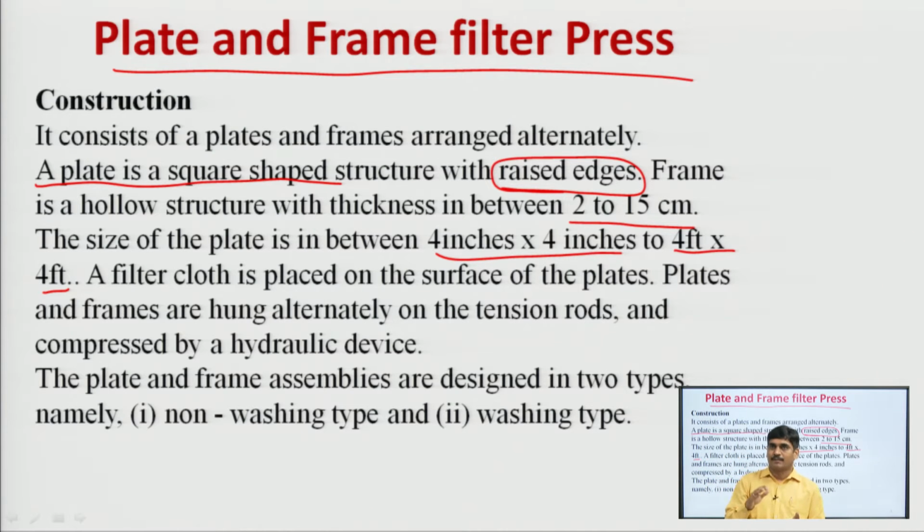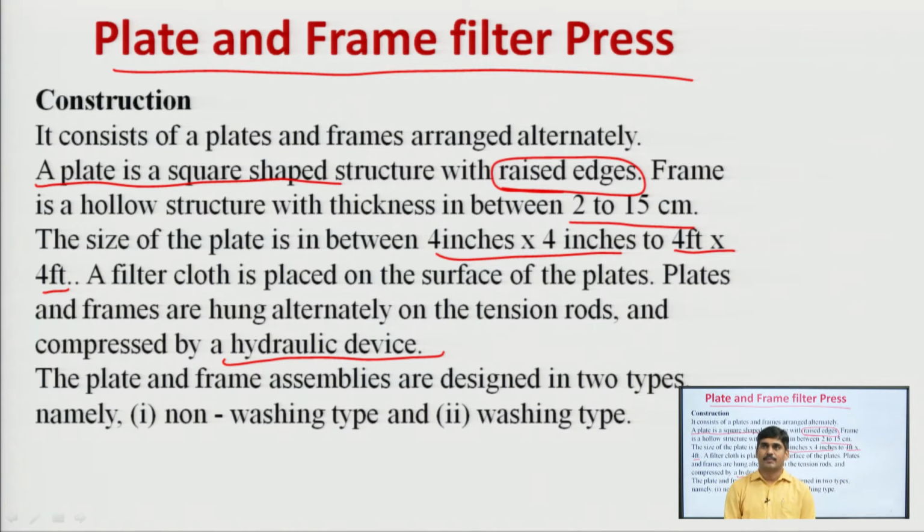Okay. So, what are the things that are required in a plate and frame filter press? One is the plate, another one is the frame, and the filter cloth. The plates and frames are hung alternatively on the tension rods and compressed by a hydraulic press or device.